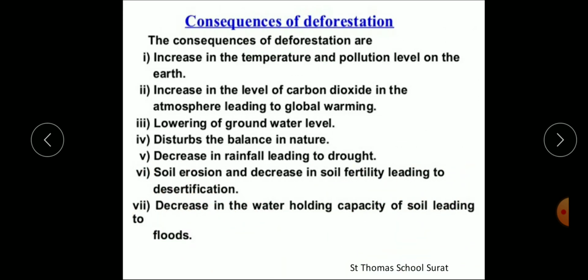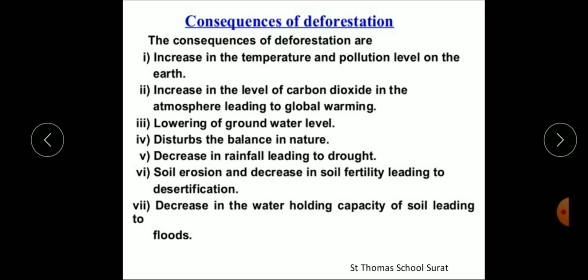Next is the consequences of deforestation. Here the consequences of deforestation are an increase in temperature and pollution level on the earth. So what happens when the temperature is increased? Trees take in what? They take in carbon dioxide, and what do they give out? They give out oxygen during the process of photosynthesis.